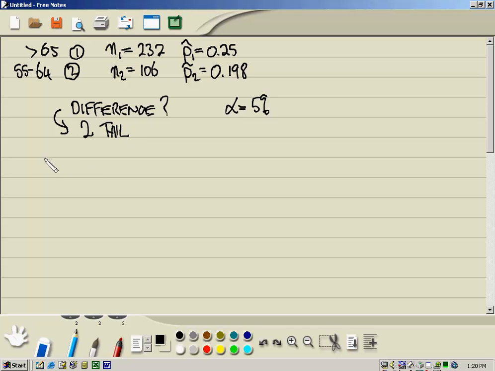So we have no choice about our hypotheses. Null hypothesis will be that P1 is equal to P2 and the alternate, P1 not equal to P2. And of course the alternate is where the two proportions are different.